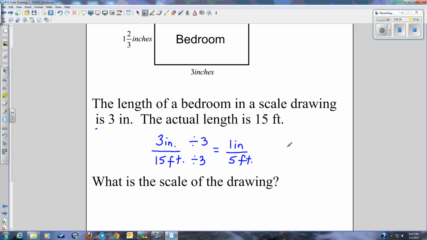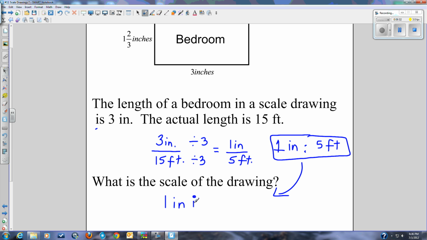So the scale can be written as 1 inch to, and we'll use a colon to represent that, 5 feet. There's your answer to the scale: 1 inch to 5 feet.